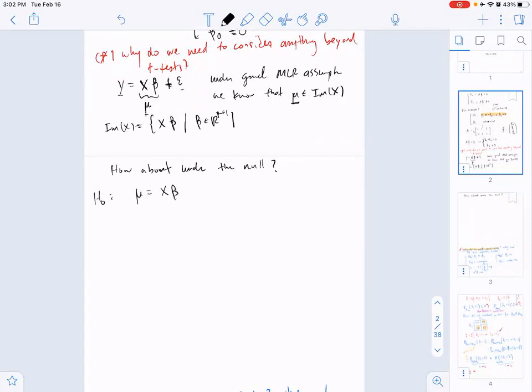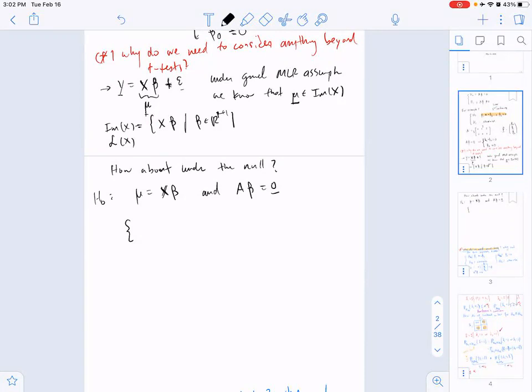That's still true because the regression model still holds. But I also know that A beta is 0. This puts some restrictions on beta, so it's not any beta, but the betas that satisfy this. And so formally, I can define a new space. In your book, this is called L of X.